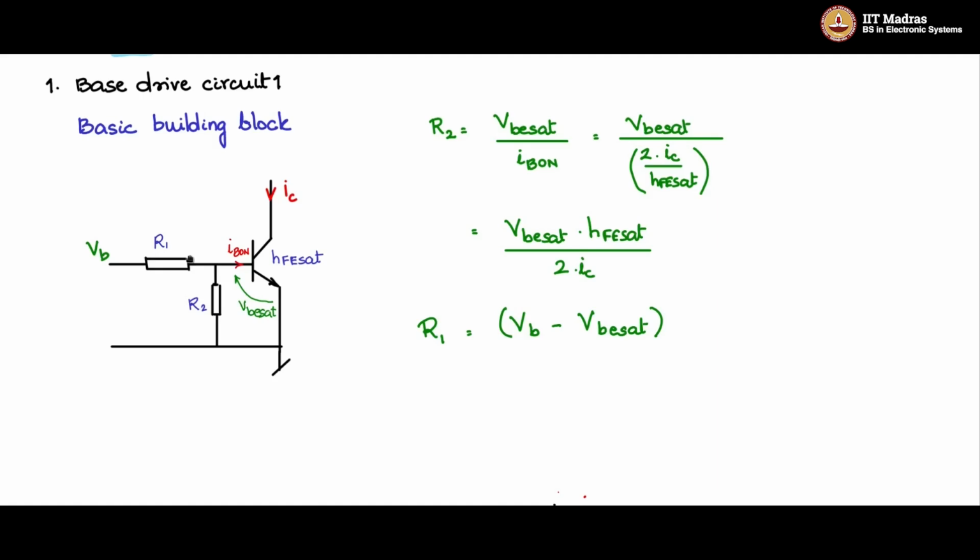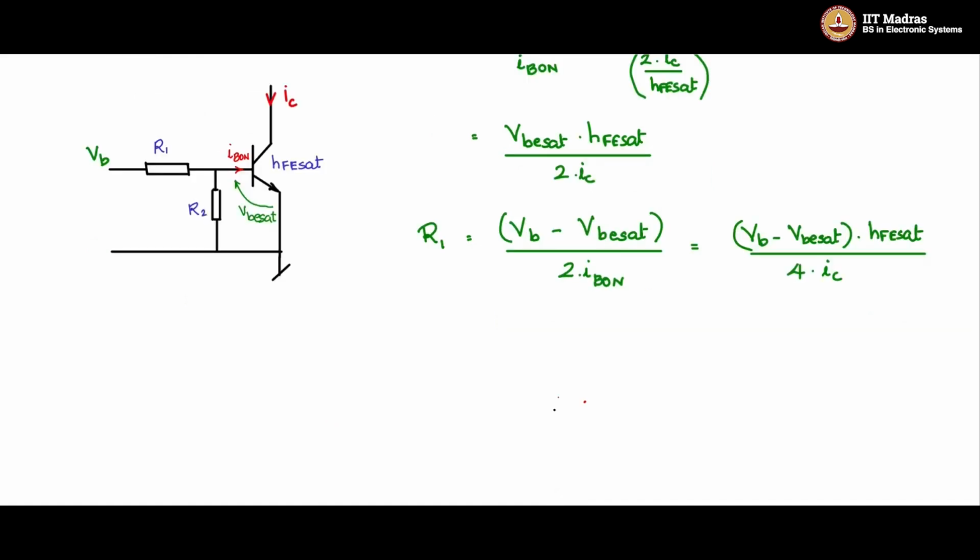So 2 times IB on will be flowing in R1. And IB on itself we know is 2 IC by HFE SAT. So R1 is VBE SAT into VB minus VBE SAT and HFE SAT divided by 4 times IC. So this will be the equation to select R1.